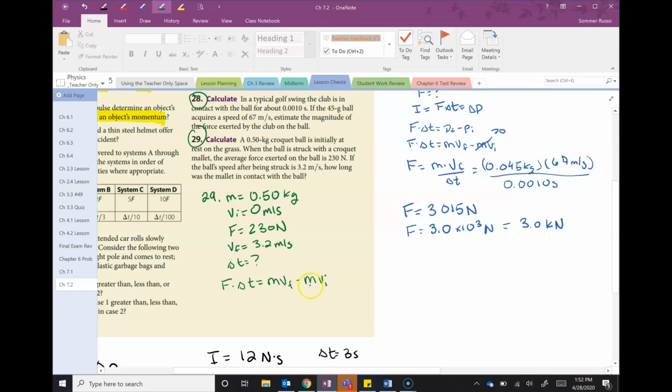Our initial velocity was 0. And instead of solving for force, this time we're solving for time. So we're going to divide both sides by force. So delta T is equal to mvf divided by F. We have all of our pieces.